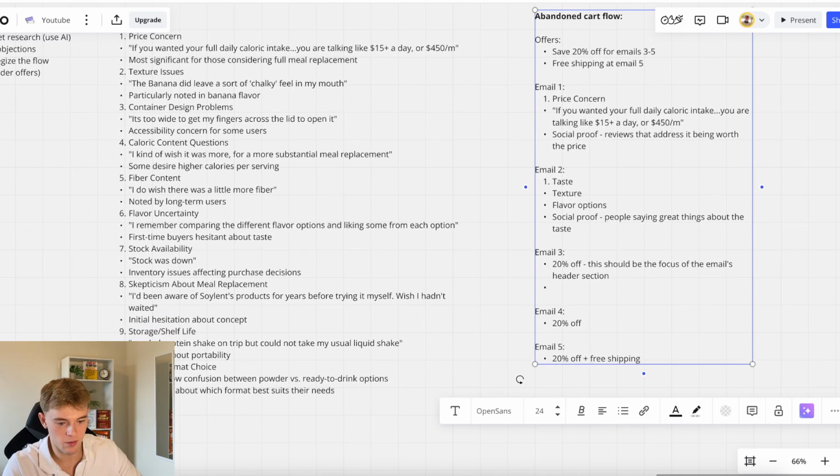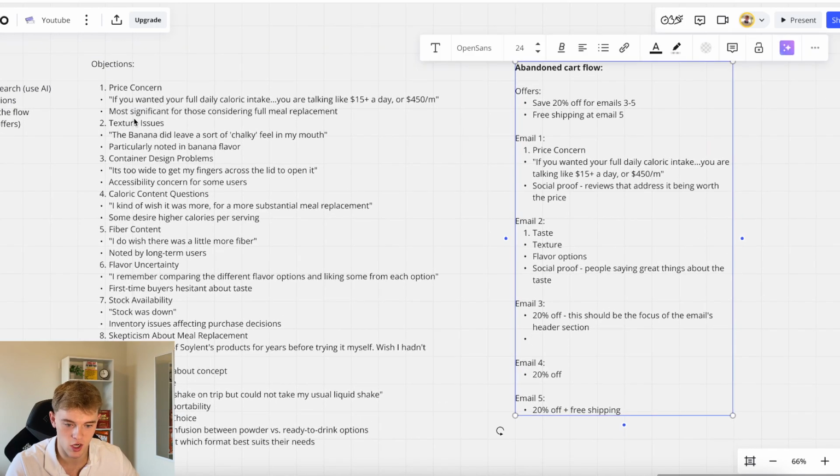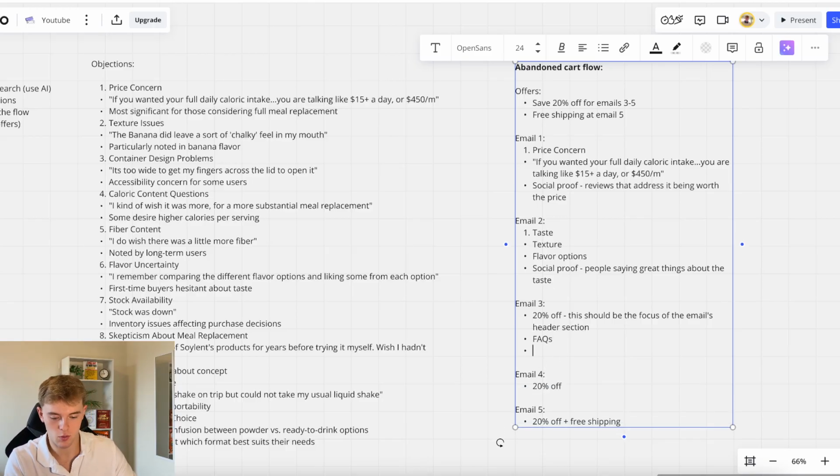Now, in email 3, below that header section, I also want to handle some of these objections. So actually, one thing we might do in this one, because the main focus here was the offer, we could go and address a few different of these lower objections. So like, one was the caloric content.